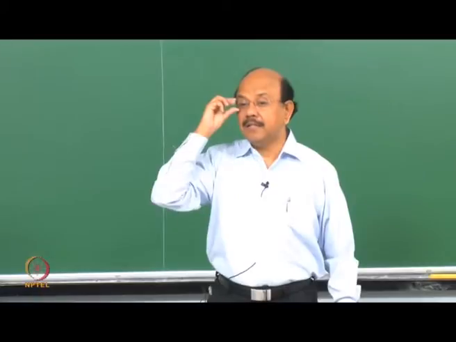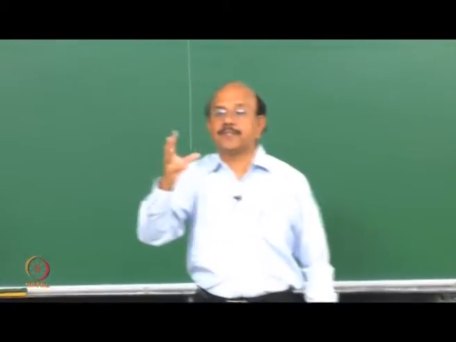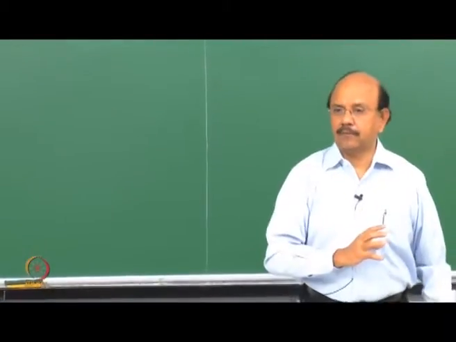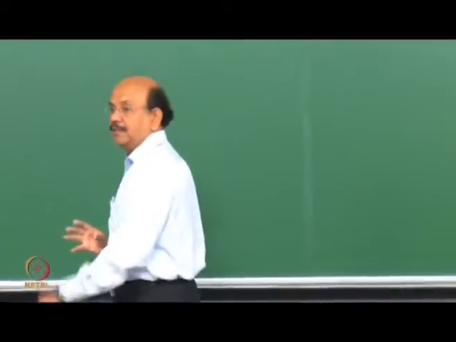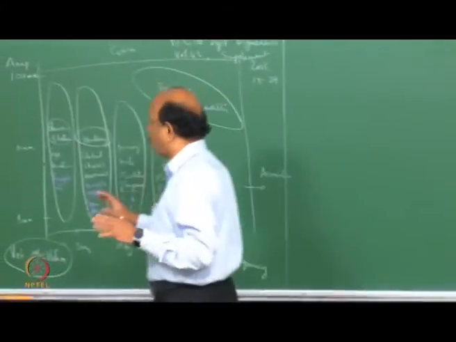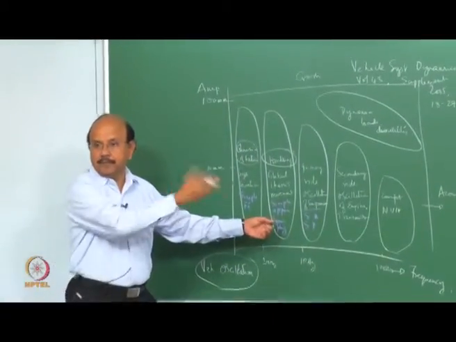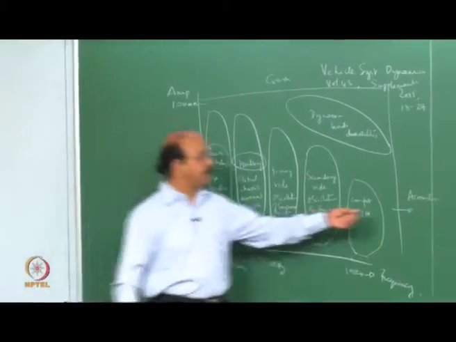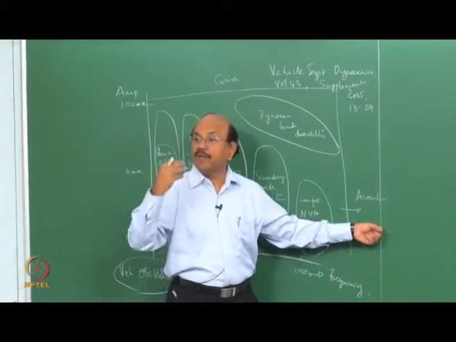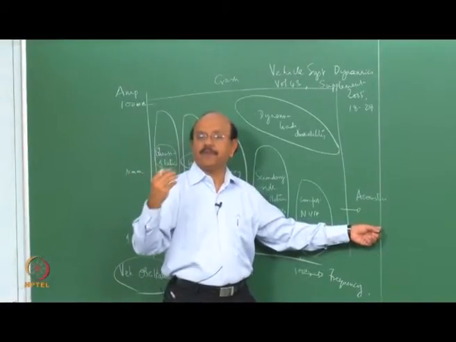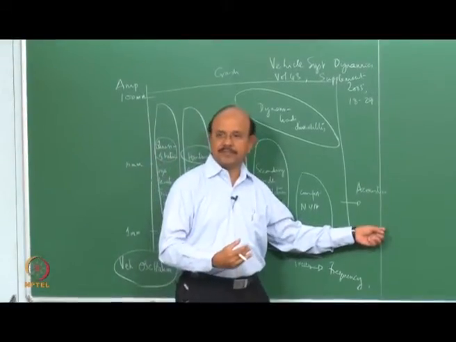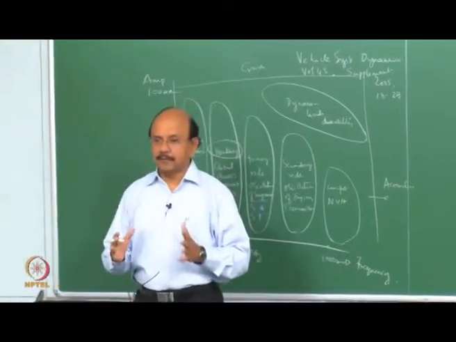These things will not be represented by that mathematical model. So there is no point in having a simple model and saying that I'm going to study this, because that model will not represent the behavior of the vehicle at these frequencies. Does that point make it clear?